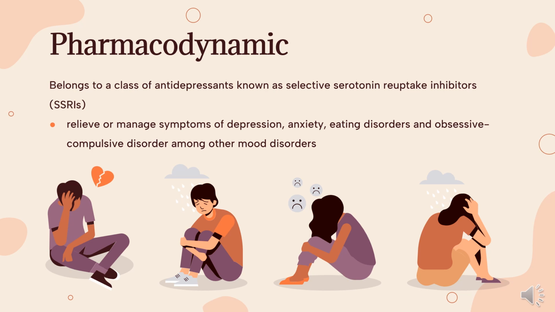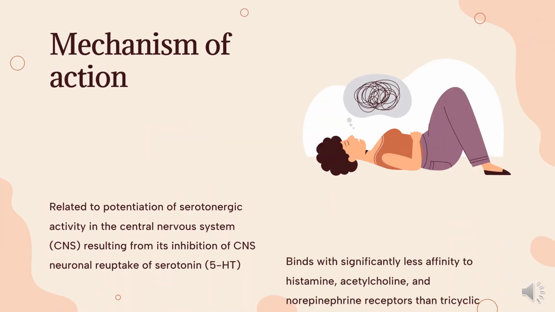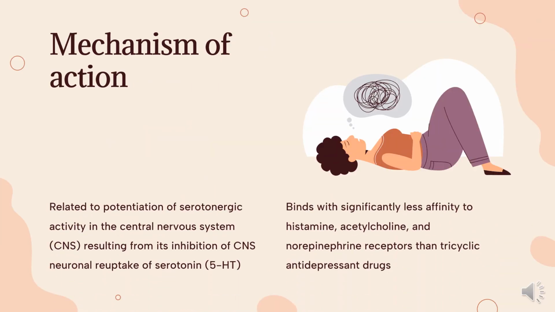It has less sedative, anticholinergic, and cardiovascular effects than the tricyclic antidepressant drugs because it does not exert significant anticholinergic, antihistamine, or adrenergic (alpha-1, alpha-2, beta) blocking activity. The onset of action and beneficial effects are usually noticed after 6 weeks, for reasons that are not fully understood and currently under investigation.